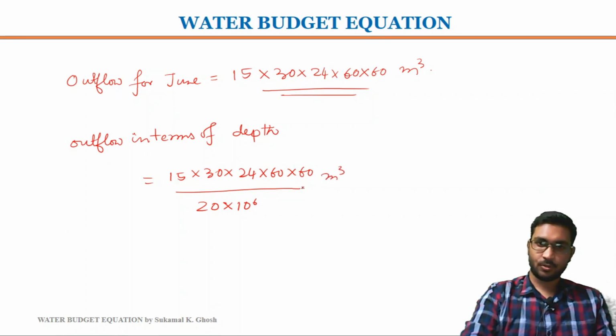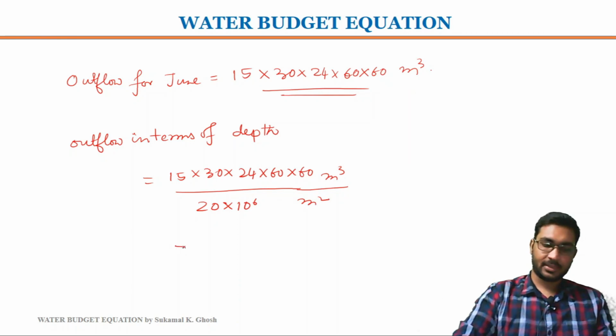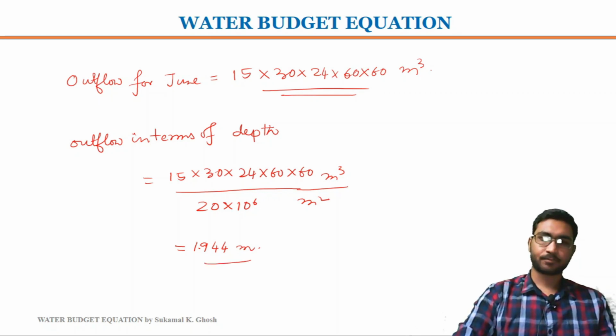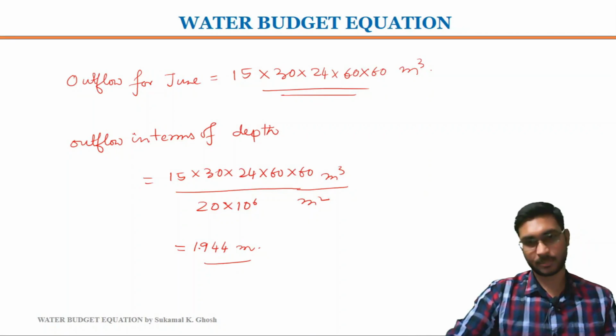It is meter cube and this is meter square. So ultimately the value will be 1.944 meter. Okay, so this is the outflow in terms of depth.